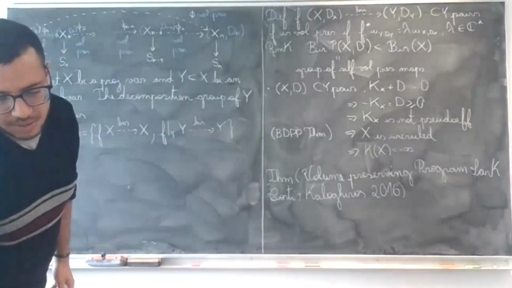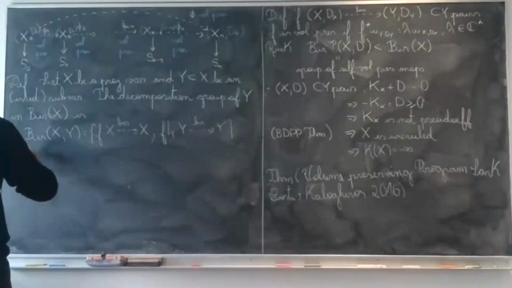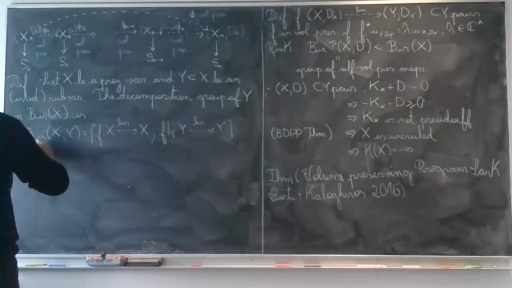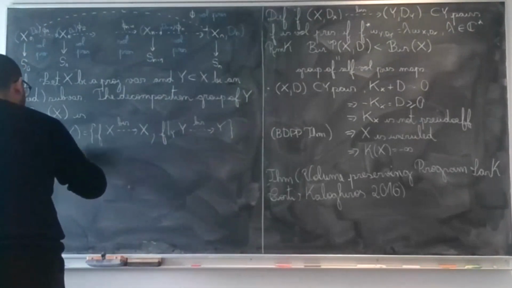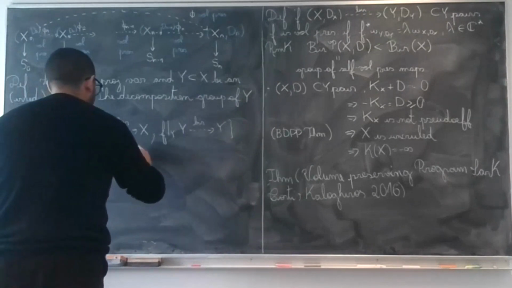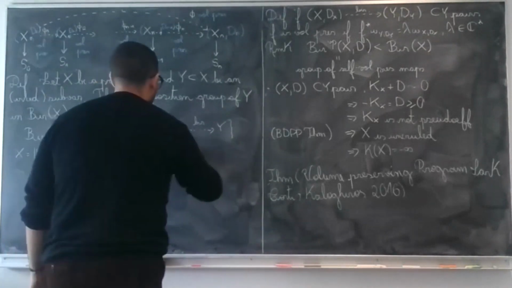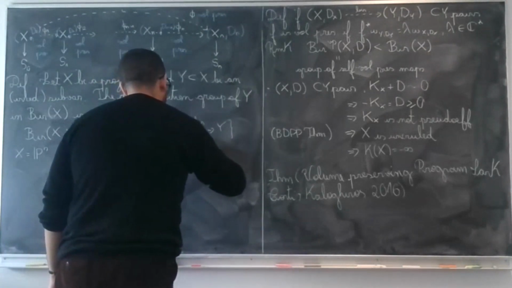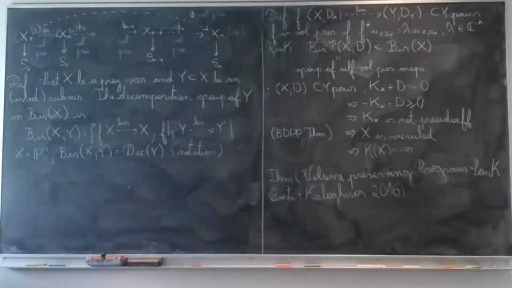And when X is P^n, we denote this group by Dec. Just notation. And what is interesting is that we have this beautiful coincidence.